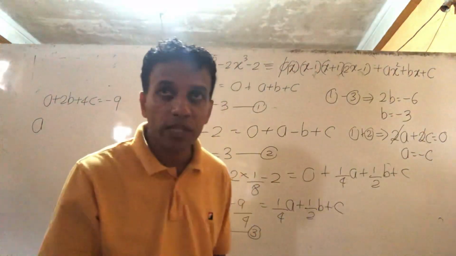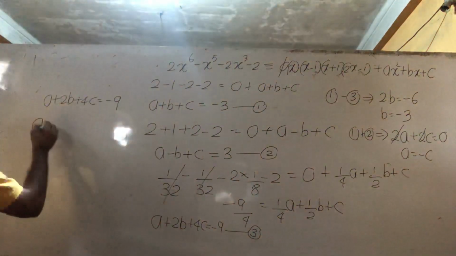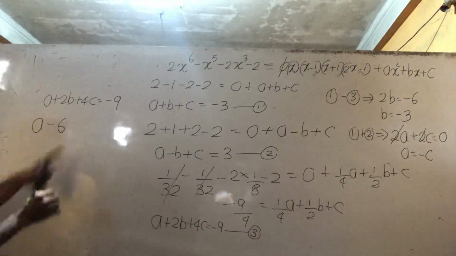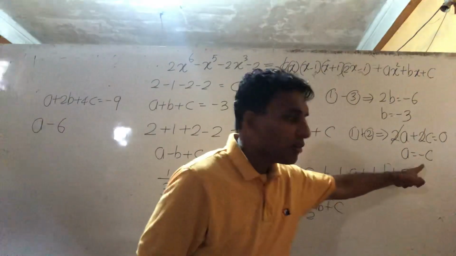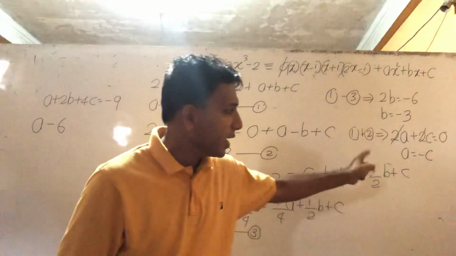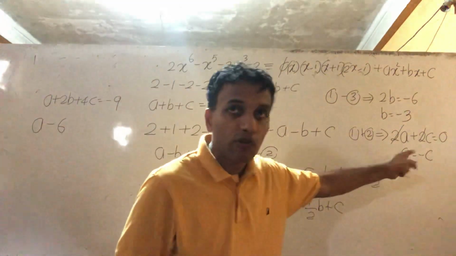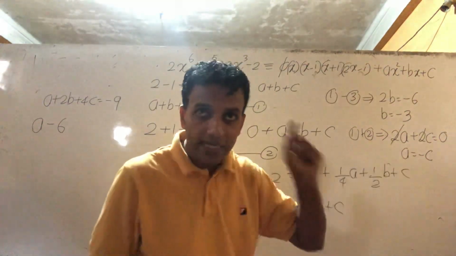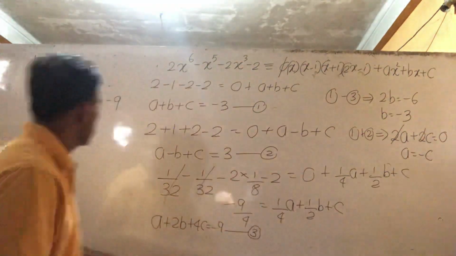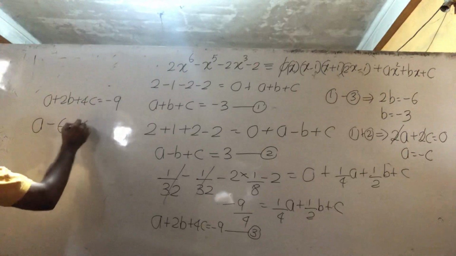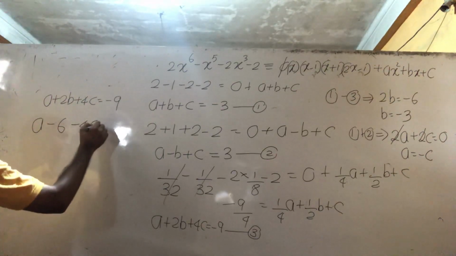B is minus 3, so 2B is minus 6. What is 4C? Can I say 4C is minus 4A? Because A and C are numerically equal but with negative sign. C equals minus A. So therefore here minus 4A. Is it okay? Check that.